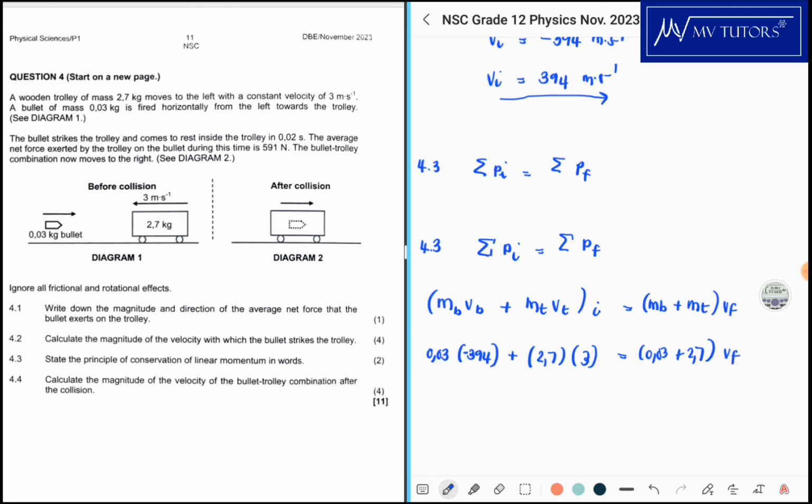Magnitude of velocity of the bullet trolley combination after the collision. Okay, so final velocity, we'll have negative 0.03 times 394 plus 2.7 times 3 divided by 0.03 plus 2.7. Sorry about that.